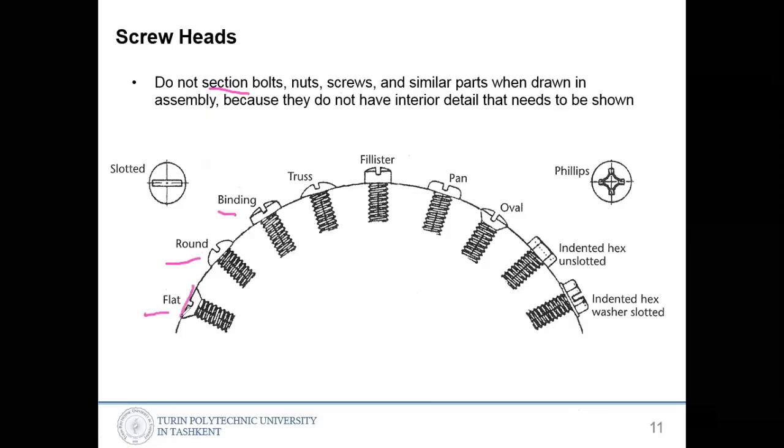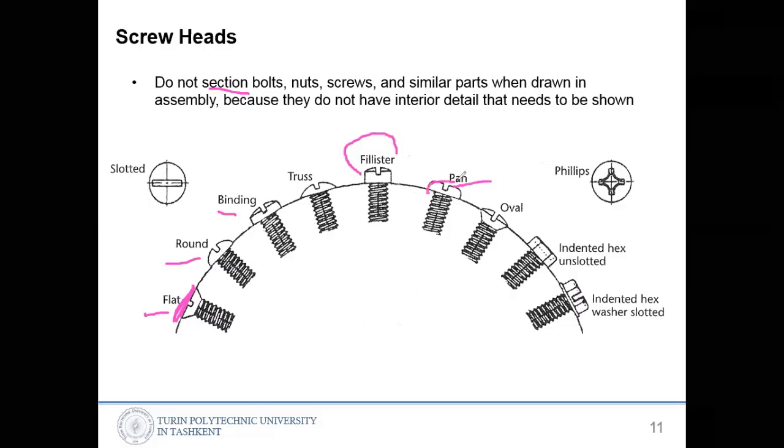The flat one is flat from outside, so that's why it's called flat, in order to make it easy to hold, to set on the table, or to install somewhere. So we are making a flat top or rounded one, the binding one, truss one, fillister one, pan one.